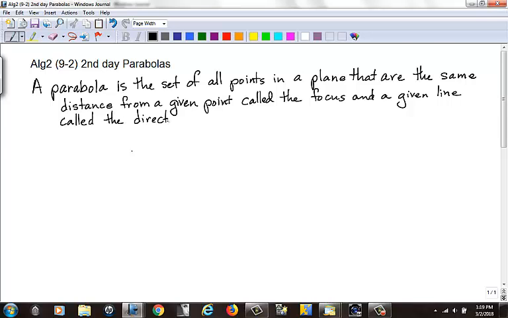So all the points on the parabola are equidistant from the focus and the directrix.